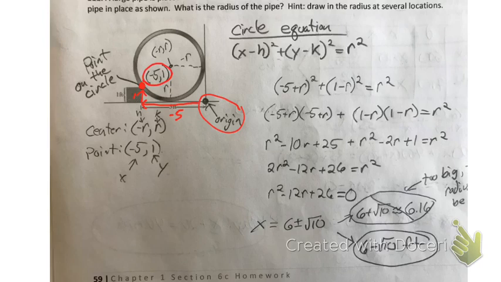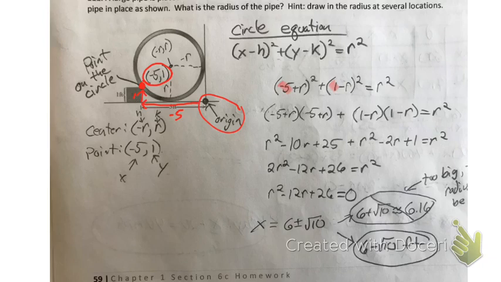That means my x value is -5 and my y value is 1 in that circle equation. So I replace this x with this -5, which you can see, let's highlight it here. And I replaced that y value with that 1, right there.